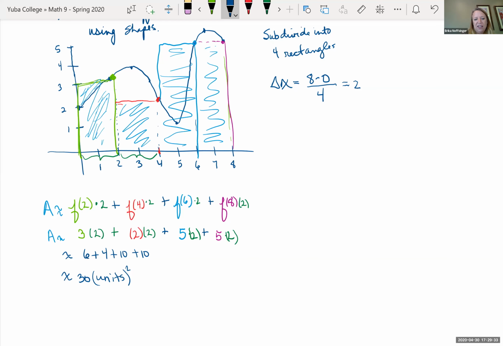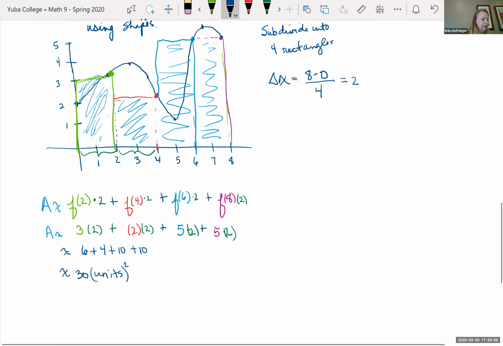And so negative times the positive would tell me my area is negative. And so we have to take that into account. So we will look at the cases where we're looking for area and that function does fall below the x-axis. Then we're going to have to look at that piece below the x-axis and take the absolute value of that piece if we're looking at area.